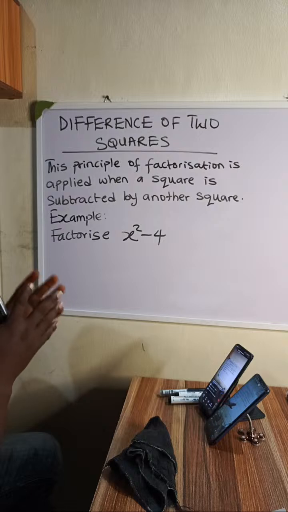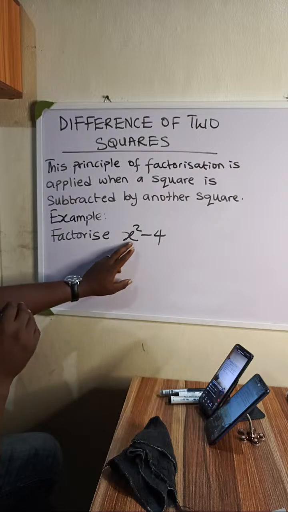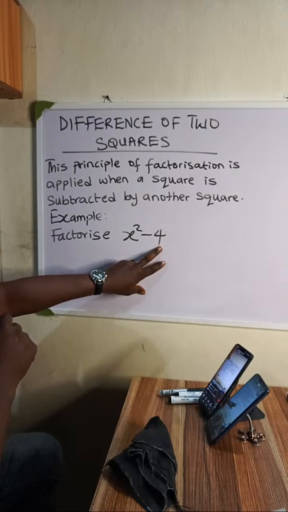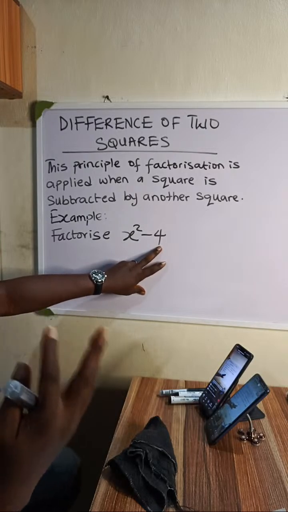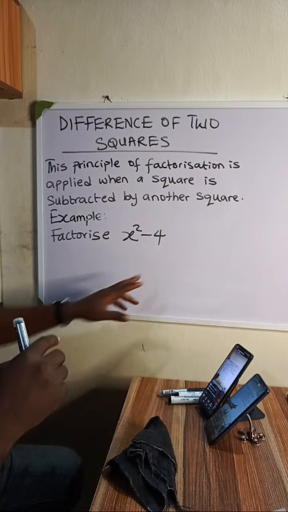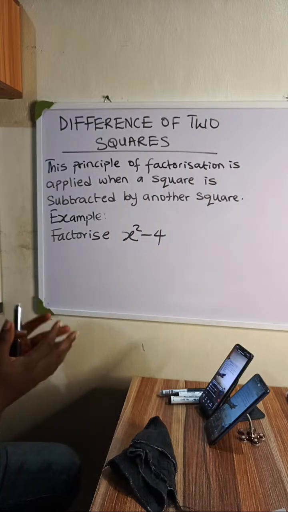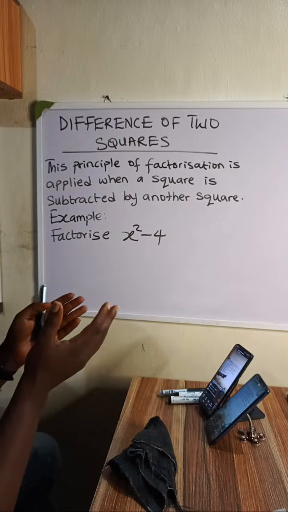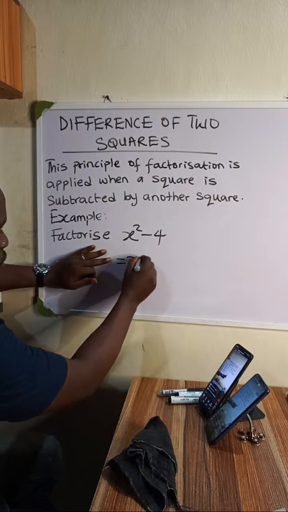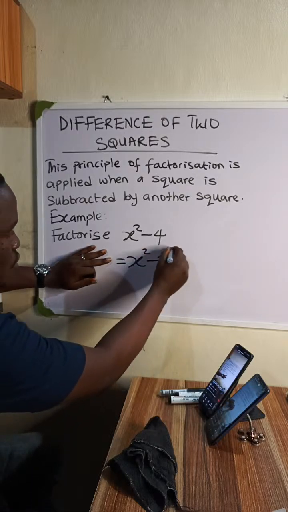Yes, over here we have a squared value, but here we don't. So we need to think about this. Can we convert 4 to a squared value? The answer is yes. 4 is the same thing as 2 squared. So instead of having 4, we can simply write x squared minus 2 squared.